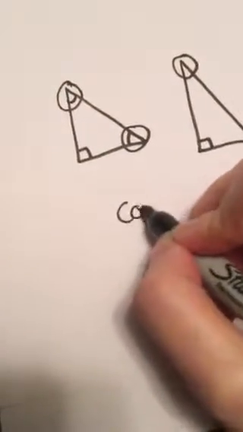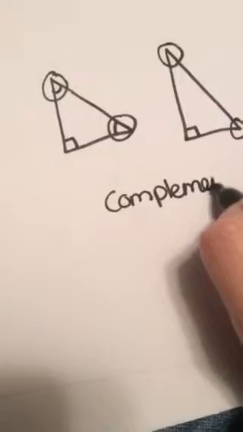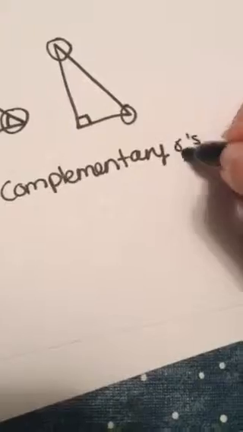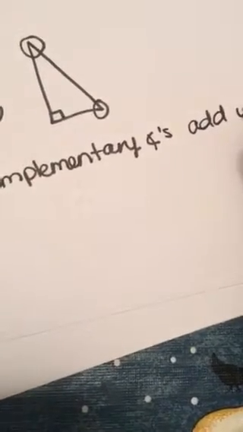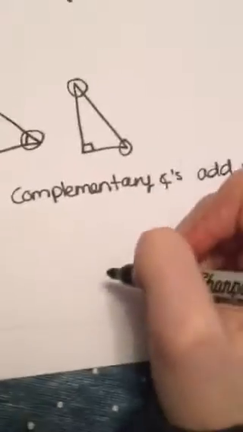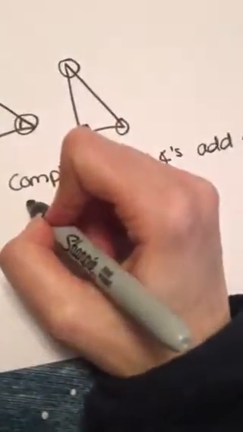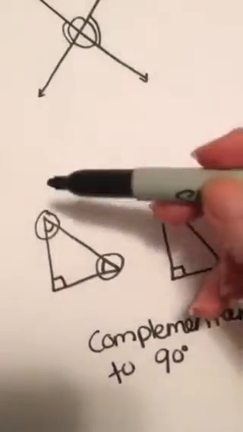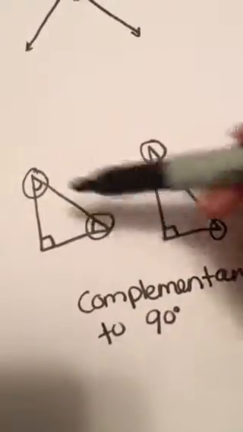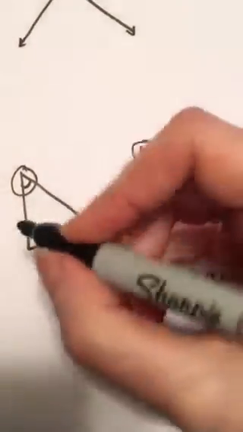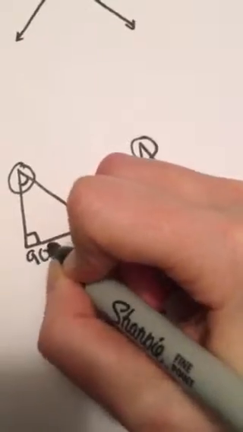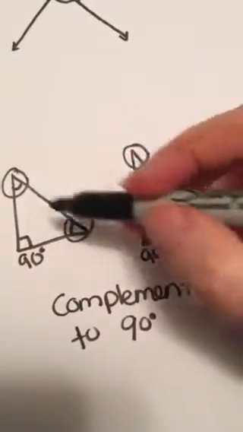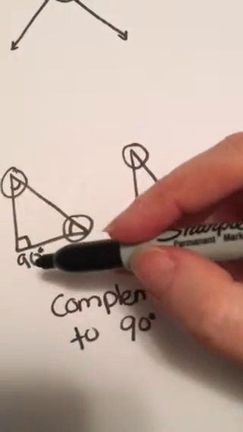Complementary angles add up to 90 degrees. And we can show that because we know that if we add up all of the angles of a triangle, they equal 180 degrees. So if this is 90 and this is 90, that means that when we add these two together, they have to equal 90 degrees because 90 and 90 is 180.